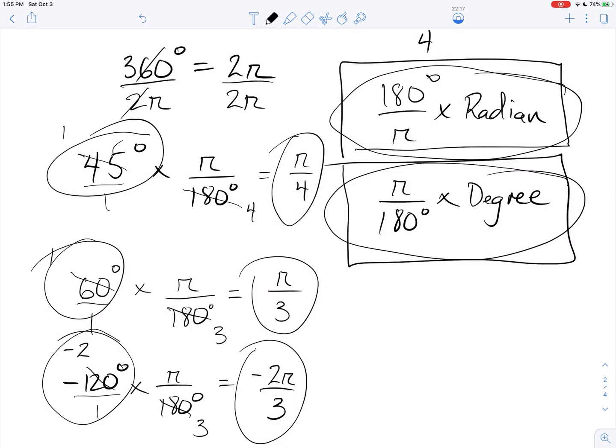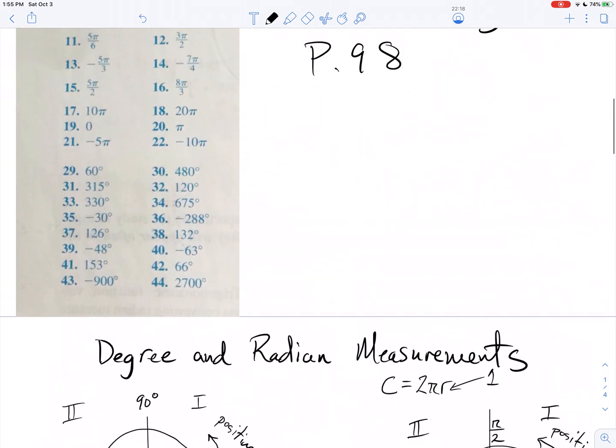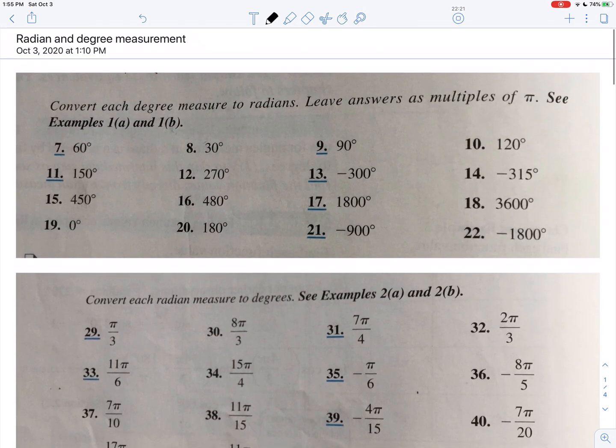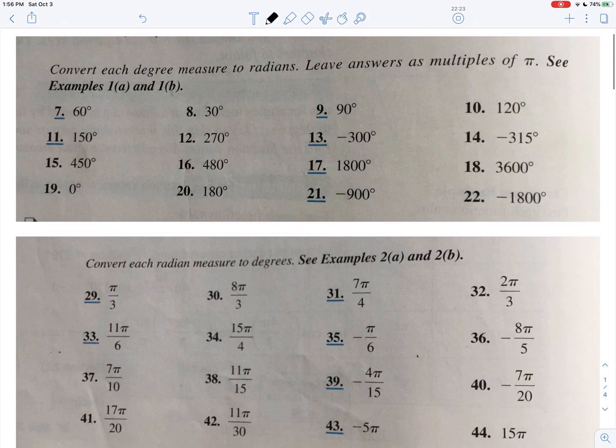Here are the problems I want you to do. All right, so the first one's here, you're converting. And it says, convert each degree measure to radians, leave answers as multiples of pi.